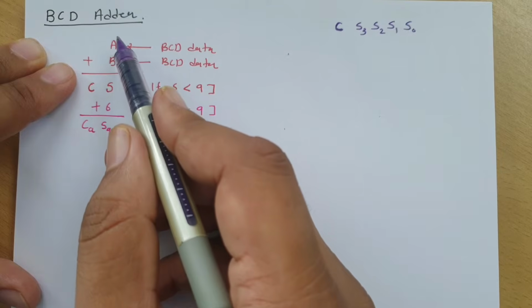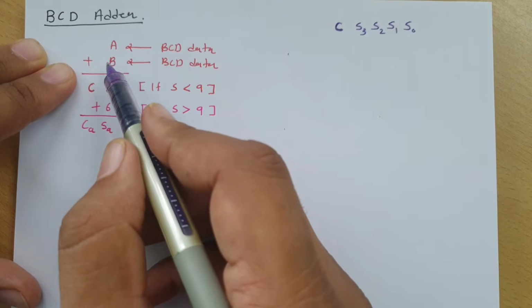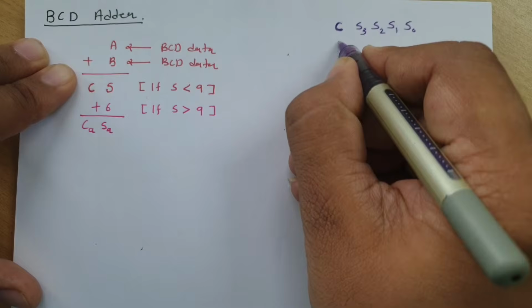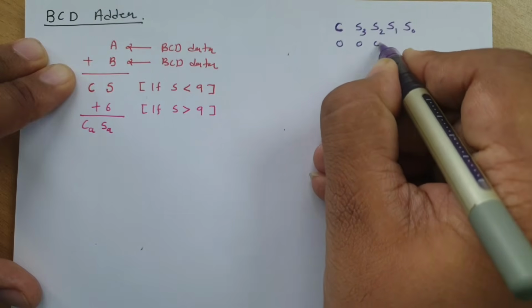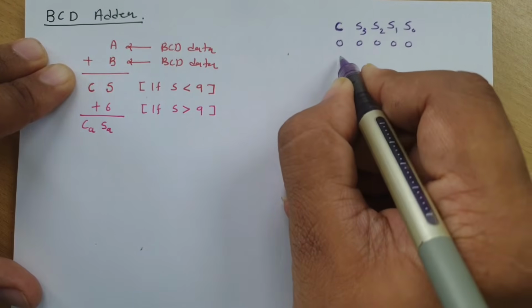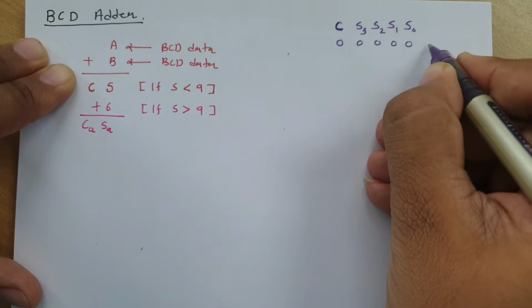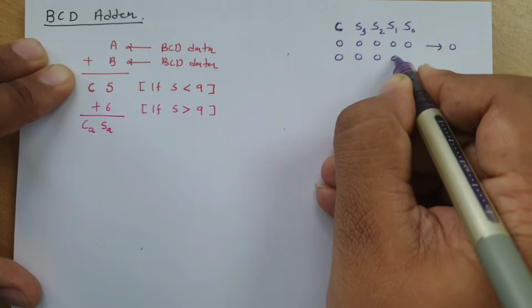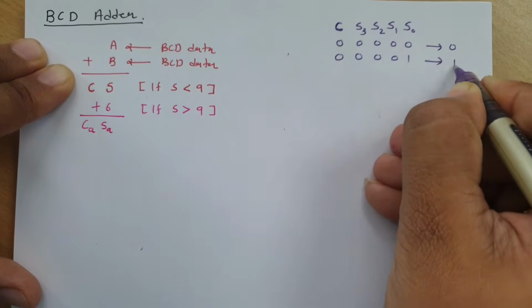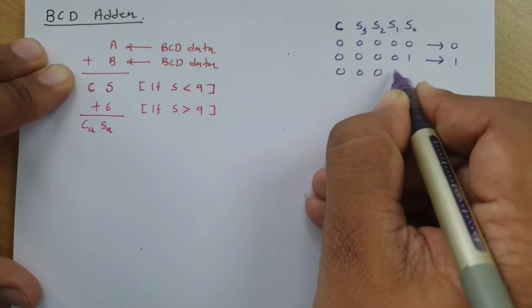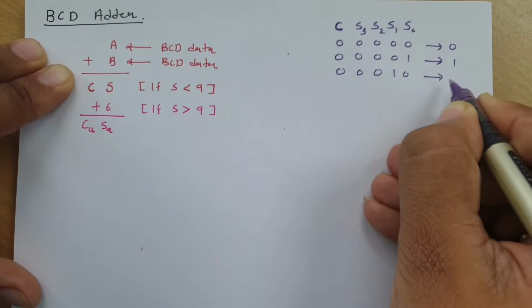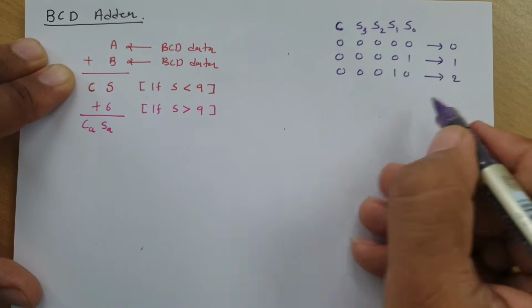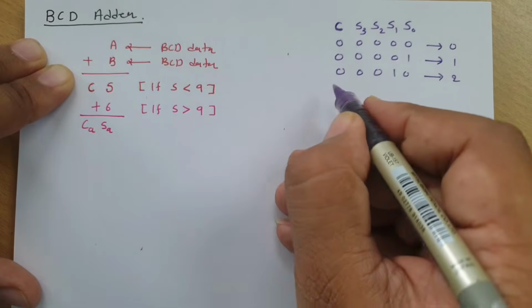That addition will start from 0, 0, 0, 0, which is equivalent to 0. Then 0, 0, 0, 1, that is equivalent to 1. Then 0, 0, 0, 1, 0, which is equivalent to 2. And we need to do it up to 18.